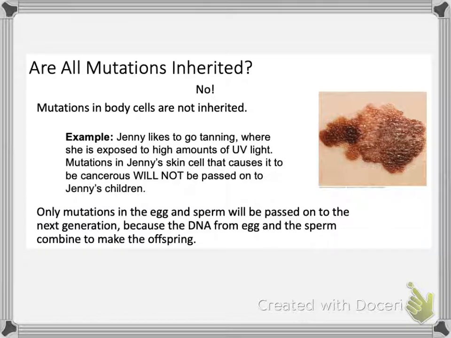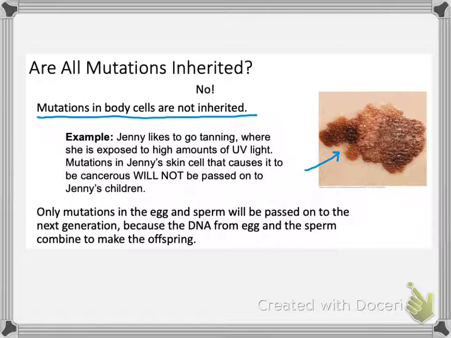So the last thing we need to talk about is something we've mentioned before, but it's just important to remember that all mutations are not inherited, okay? So mutations in body cells are not going to be inherited. So for example, let's say Jenny likes to go tanning, and she goes to tanning beds, and as a result, she has UV damage to her cells, and her cells have become cancerous.